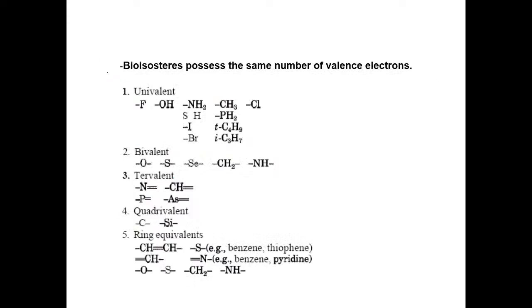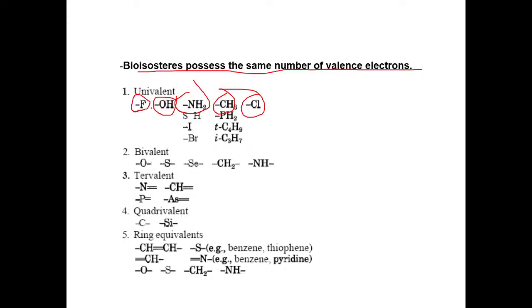Okay, so here bioisosters possess the same number of valence electrons. Like fluorine in a chemical structure can be replaced with OH, NH2, CH3, Cl. But what would be the major difference? Fluorine is highly electronegative.